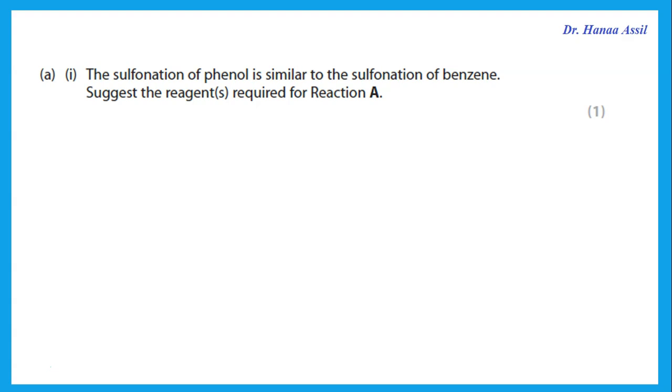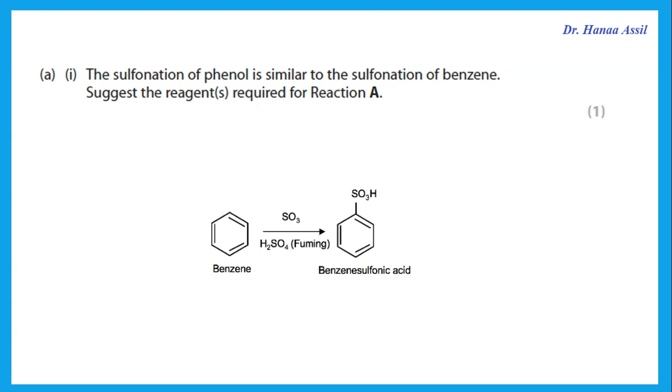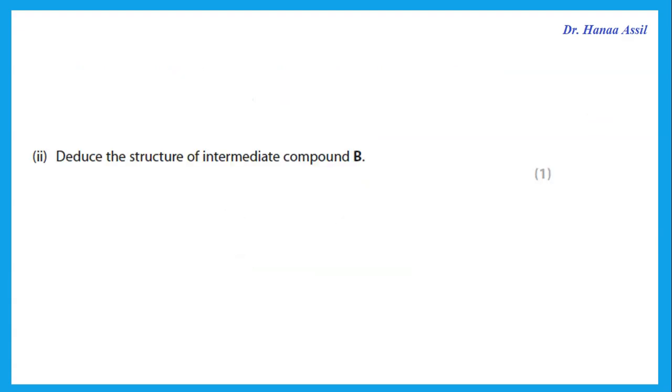So what do you think would be the reagents required for reaction 1? Remember, to add a sulfonic group on the benzene ring, we react it with what? Fuming sulfuric acid, which we said is concentrated sulfuric acid with sulfur trioxide.